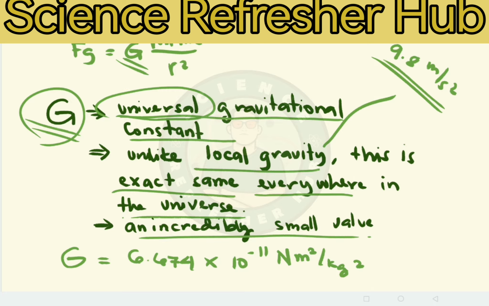That's the unit of our universal gravitational constant. Again and again, I want you to familiarize yourself with this figure: 6.674 times 10 raised to negative 11 Newton meter squared per kilogram squared.